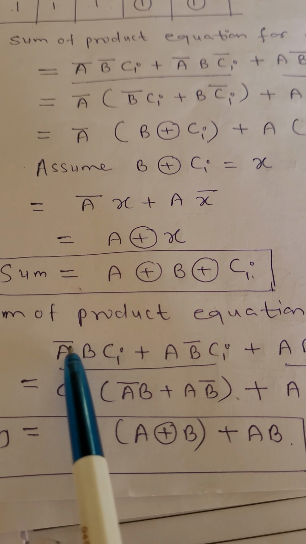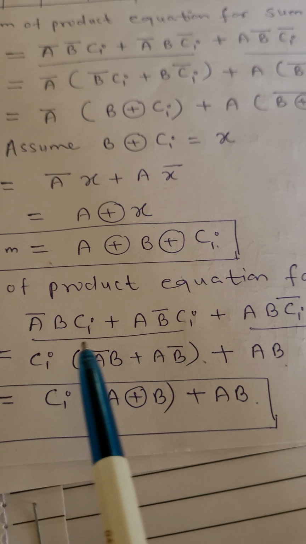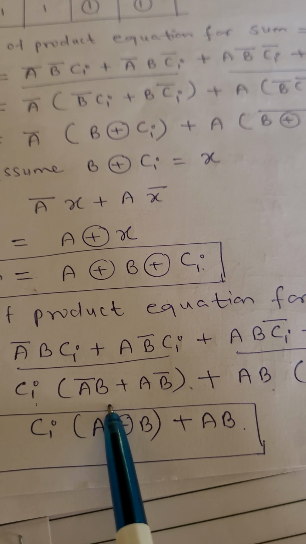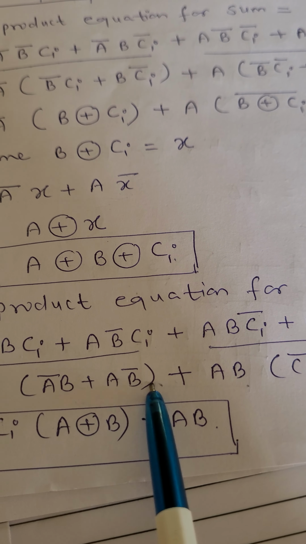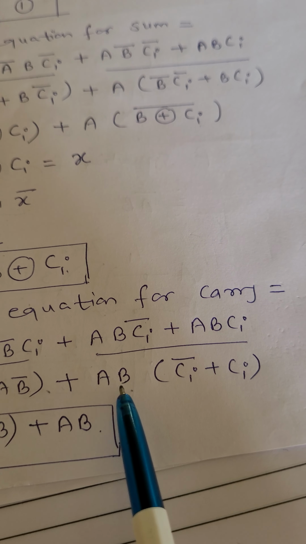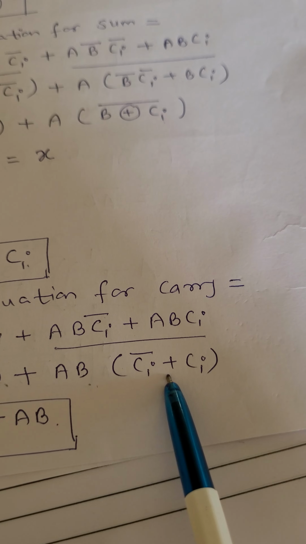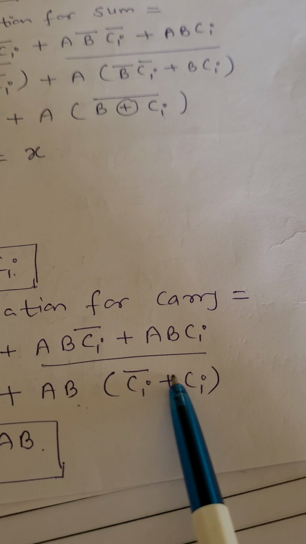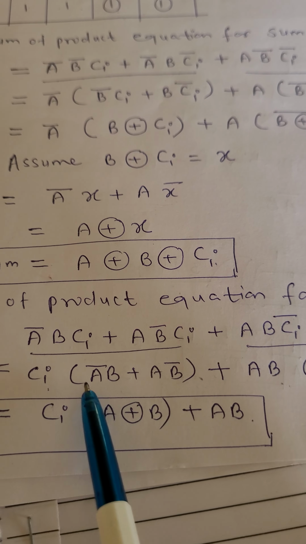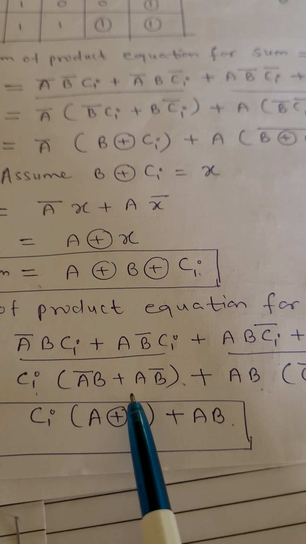Now in the first 2 terms I will take Ci common. If I take Ci common, A bar B plus AB bar will remain in the bracket, and in these 2 terms I am taking AB common. If I take AB common, what goes inside the bracket? Ci bar plus Ci. Now this boolean expression is of XOR gate.